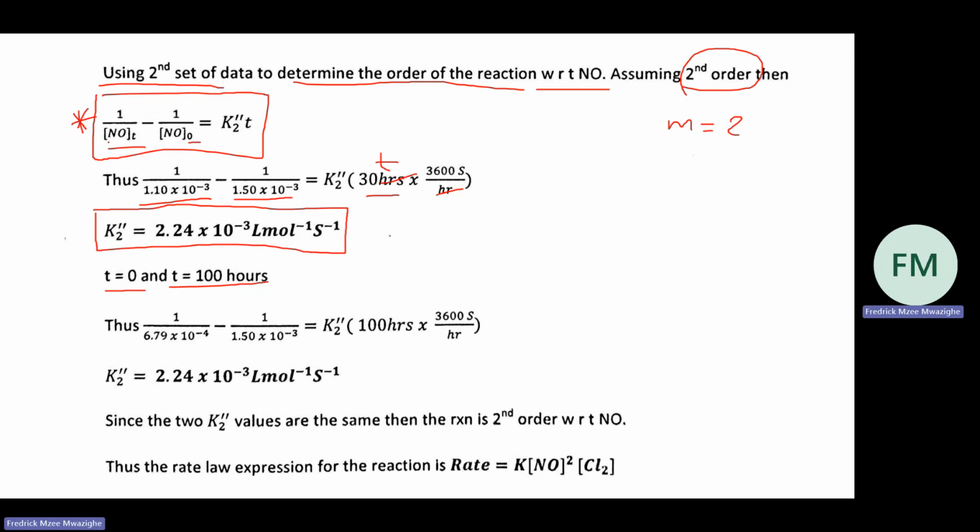The concentration of NO at 100 hours is 6.79 times 10 to the power minus 4, and the initial concentration remains the same, 1.50 times 10 to the power minus 3.